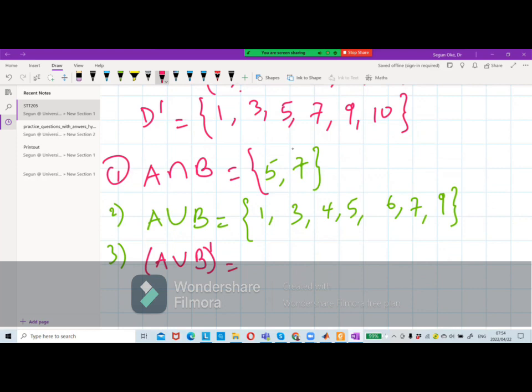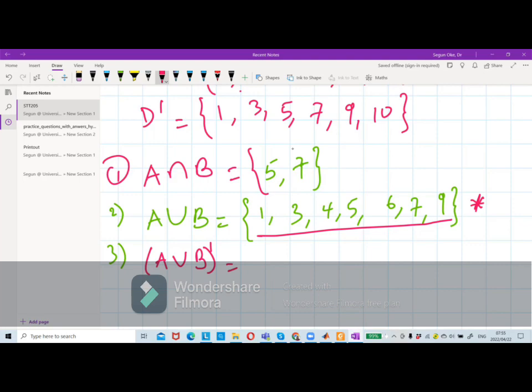Yes, we look at question 2 now. That is, A union B is here. So how do we get the complement of the entire number 2? It's very simple. All the elements present now in number 2, look at them. We have 1, 3, 4, 5, 6, 7, 9.